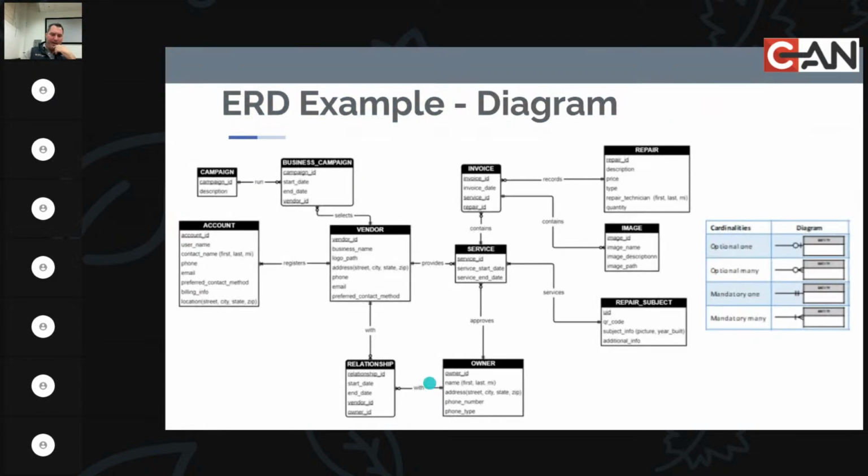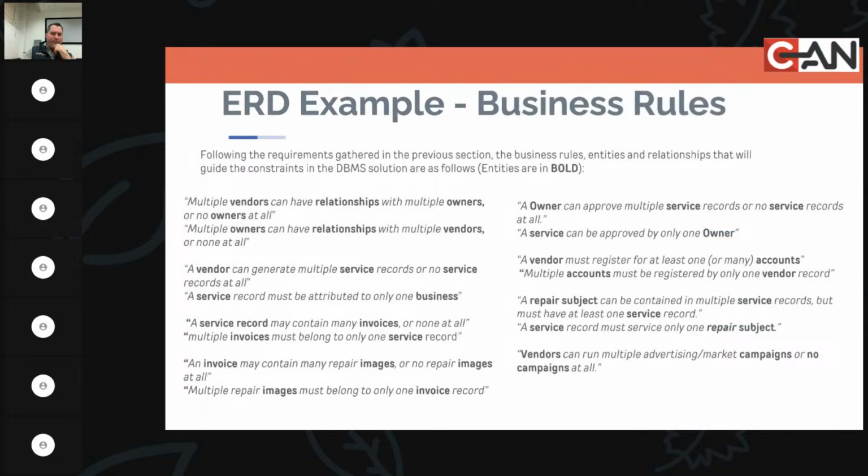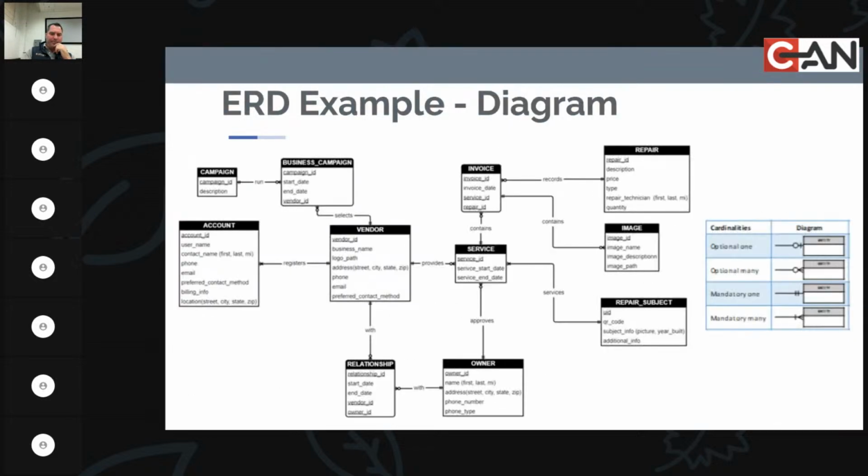So let's follow this down. Vendors can have relationships with multiple owners or none at all. I know it's hard to see, but it's this over here. It's optional to many. Multiple owners can have relationships with multiple vendors. So owners with multiple vendors. So if you break it down into plain English, it's not that hard to follow, right?